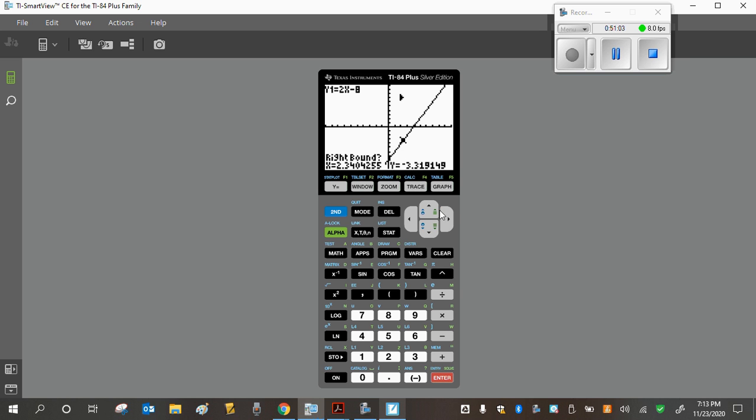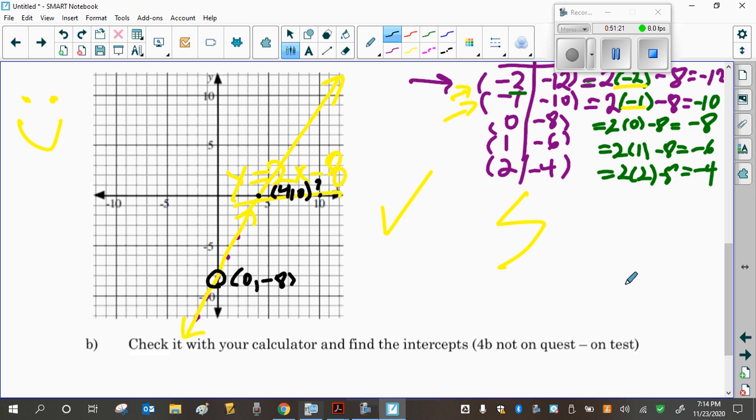Press anywhere there, press enter, and then I go to the right of that x-intercept, anywhere above this point, press enter. When it says guess, I press enter again. It is 4, 0. Well, how about that? Awesome. Just a reminder, you do not have to know that for your quest, but you will need it for the test.